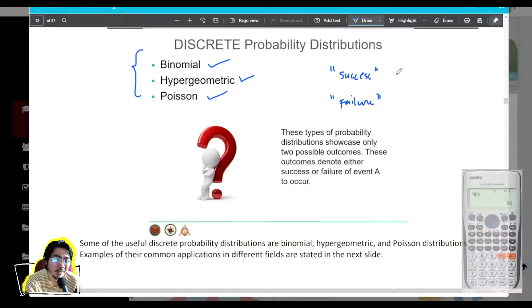Although yung common natin na connotation when we hear the words success and failure is mostly positive, ito negative, no? Pero in probability, wala tayong connotation na positive ang success or negative ang failure, kasi it all depends on perspective, kung ano yung isa-set mo.